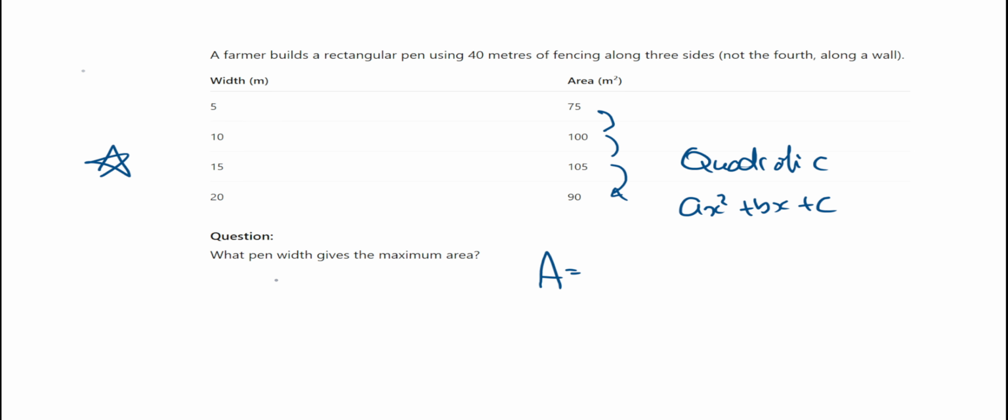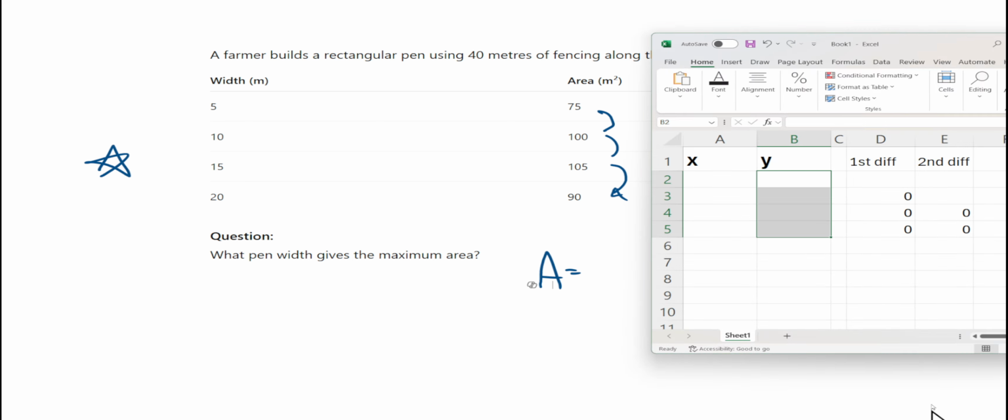Is this quadratic? Well, let's actually cheat a little bit and use our table that we had. So I'm going to put those in. $15, $75, $100, $105, and $90, and we get -20 and -20.